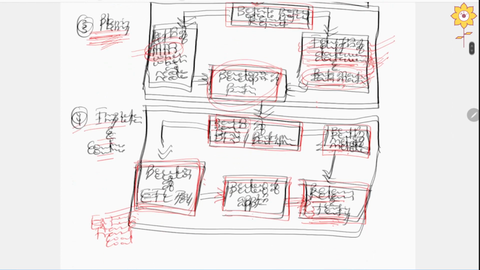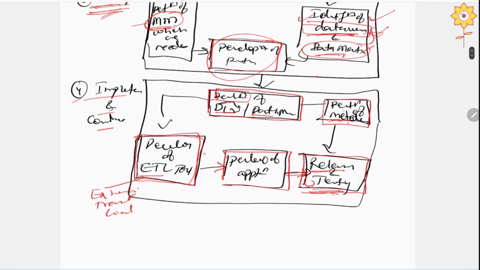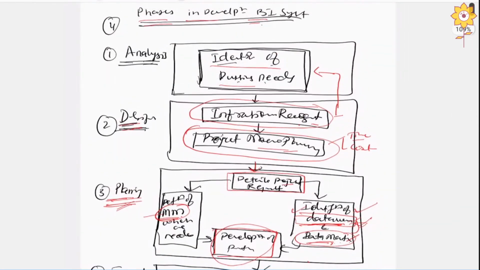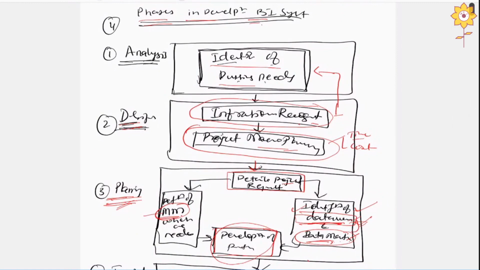And moving towards the last one, implementation and control. Here we develop ETL tool and metadata. We finally develop the application, release the application and further test it. So these are the things that we do in the phases involved in development of a BI system.